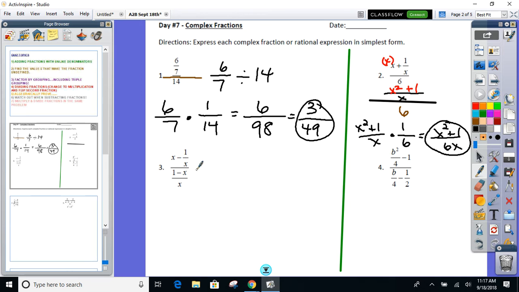Get it into one fraction, report back in about a minute and a half. Find a common denominator. It's very similar to the one we just did. Trying to get you guys reviewing for Thursday.